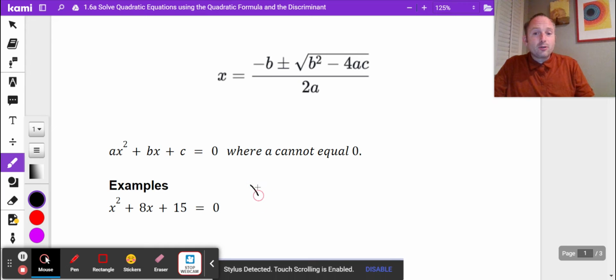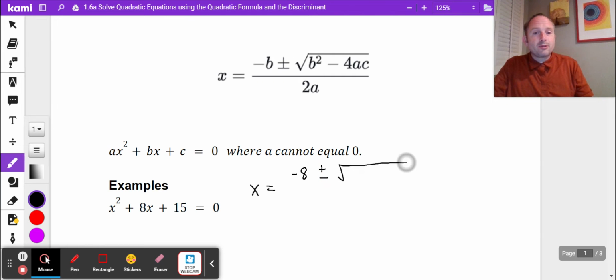We know that our solution should equal negative 8 plus or minus the square root of b squared, so 8 squared, minus 4 times 1 times c, which is 15. So these are multiplying right here. And then we're going to divide all of this by 2 times 1.